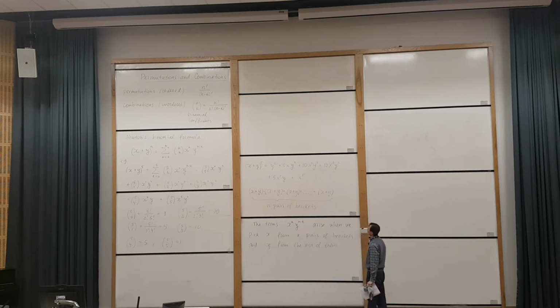So finding the coefficient in front of such terms is equivalent to finding in how many ways you can select k pairs of brackets from the set of n pairs of brackets.